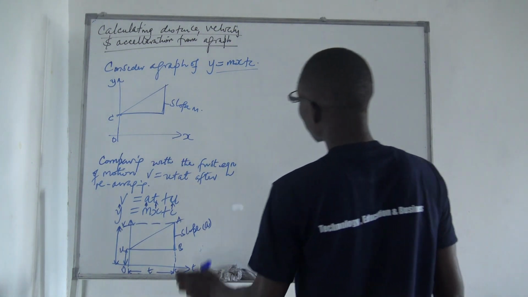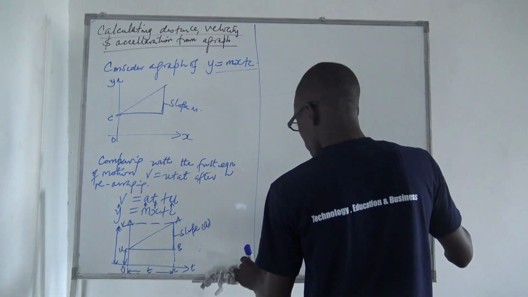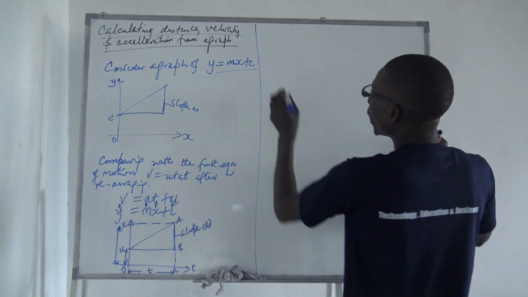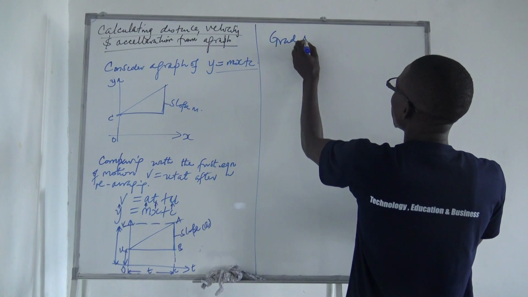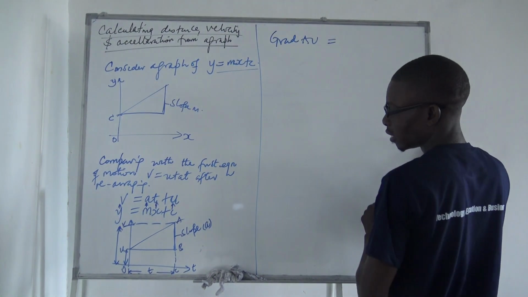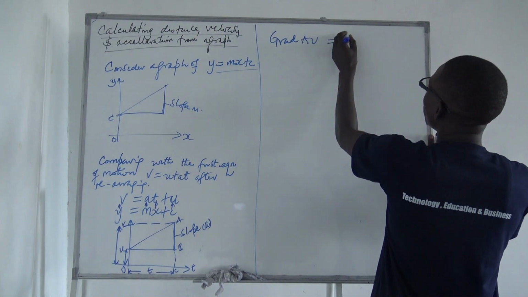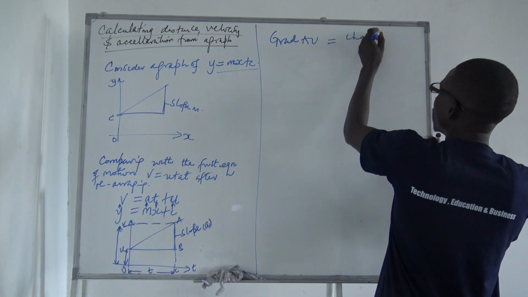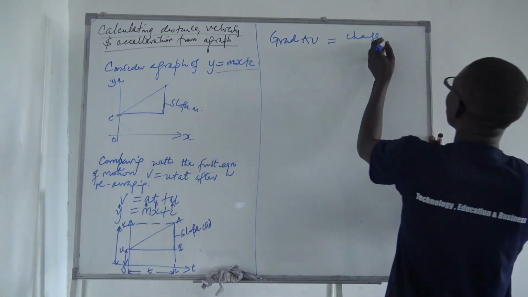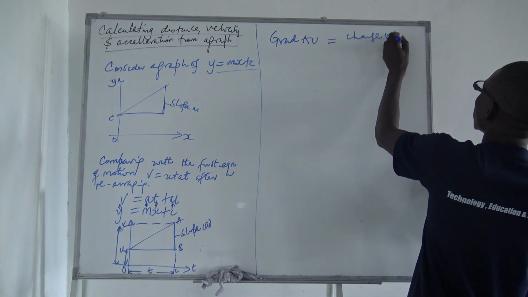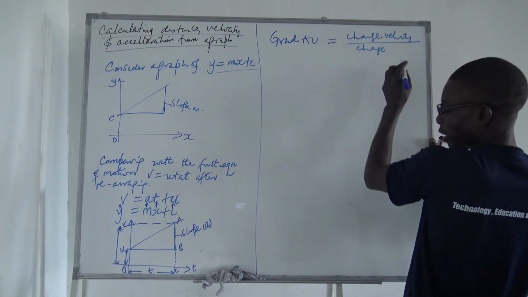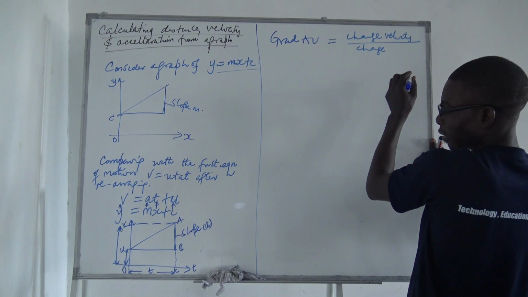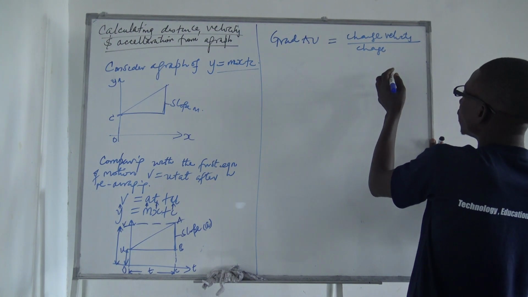What is the gradient? We can now go through proofs. What is the gradient of the line AB? It will be change in v over change in what?